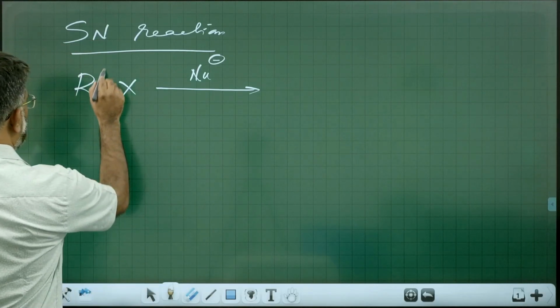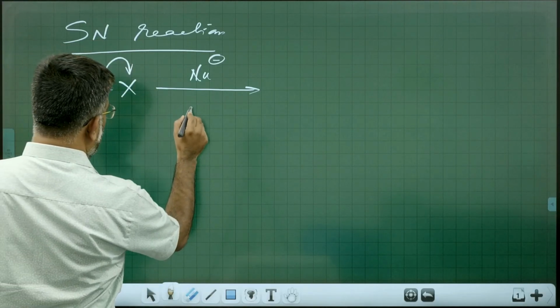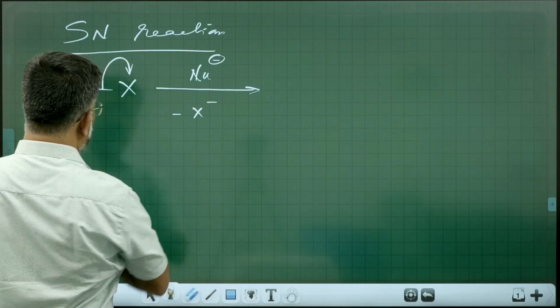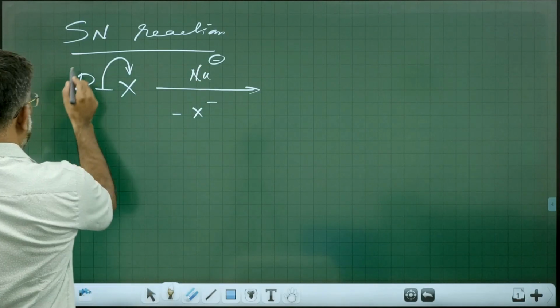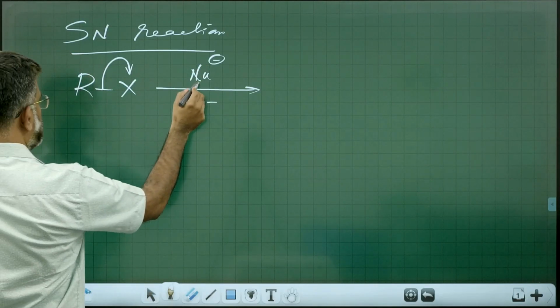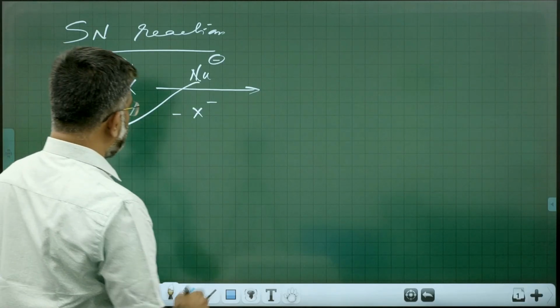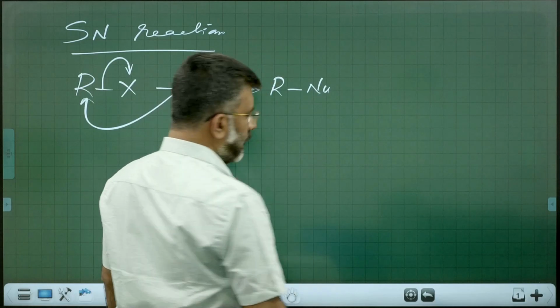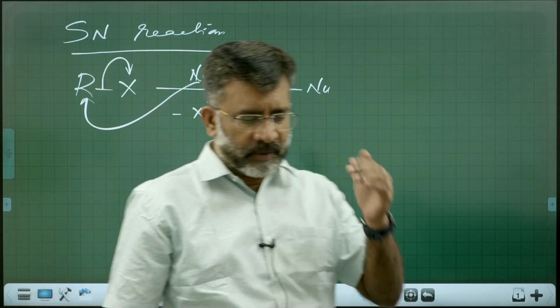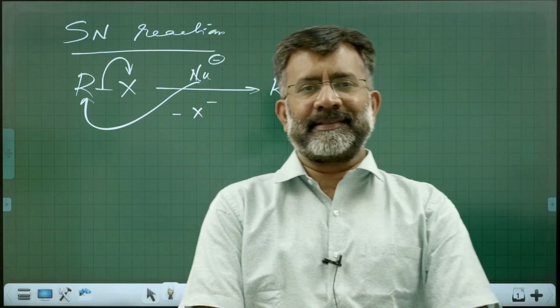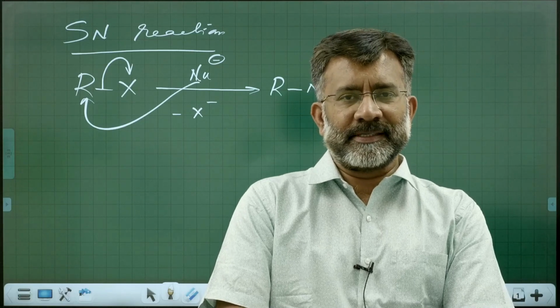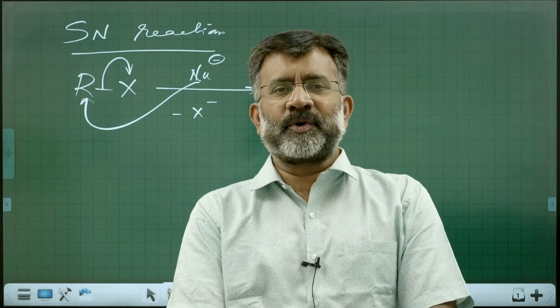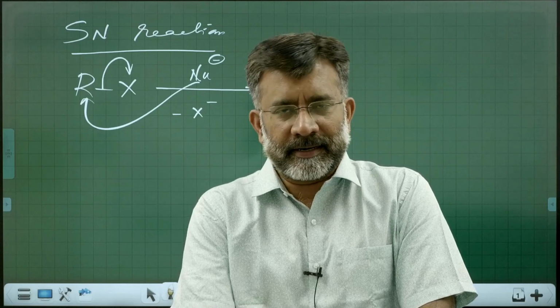This bond will break and X will go out as X minus, and the nucleophile will be connected to the R part. The result is RNu, leaving X minus. So X is replaced by another electron rich center. This is what a nucleophilic substitution reaction is.